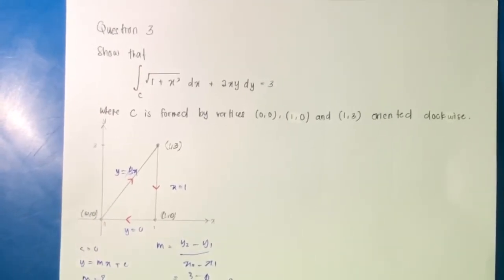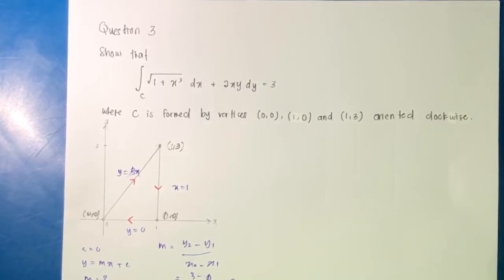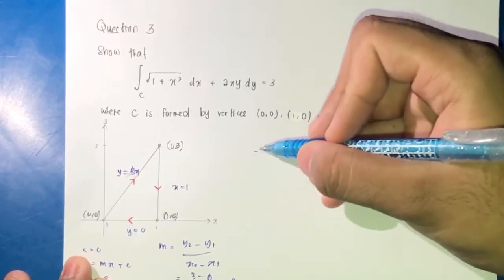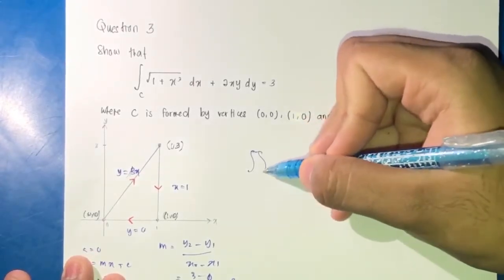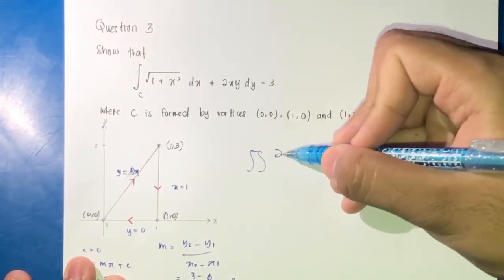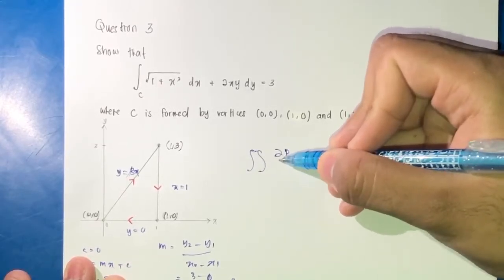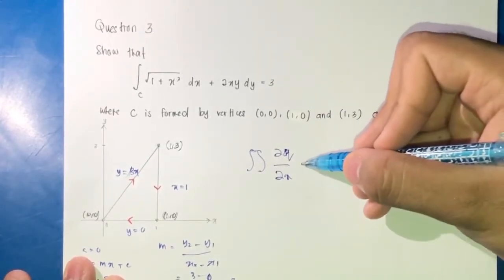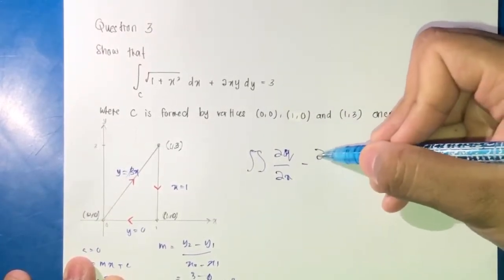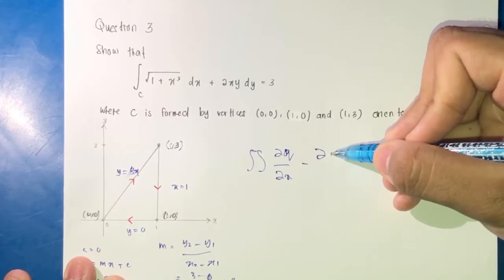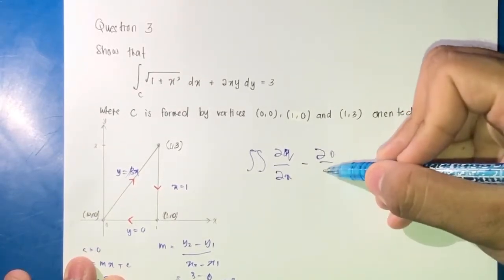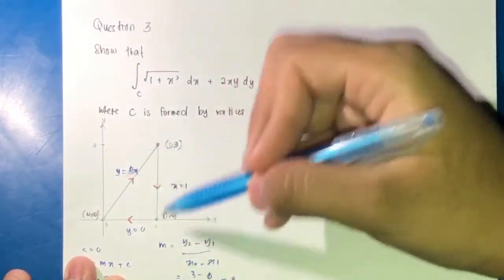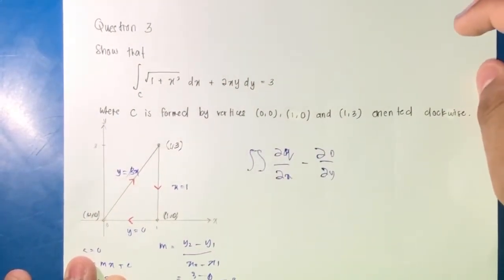Now, Green's theorem tells us that we need to use a double integral, where del q over del x minus del p over del y. Here we put the limit for these vertices.